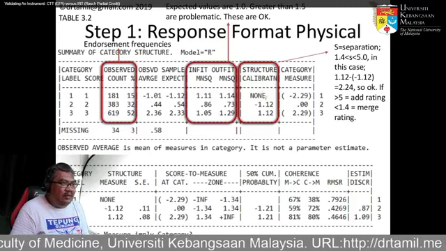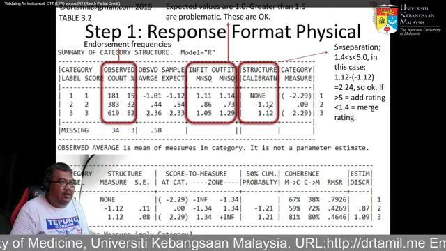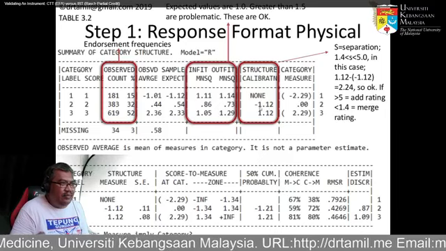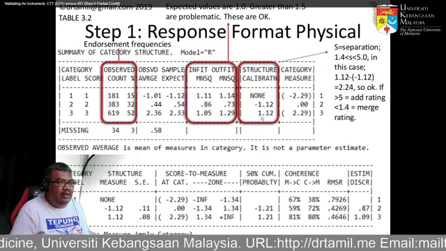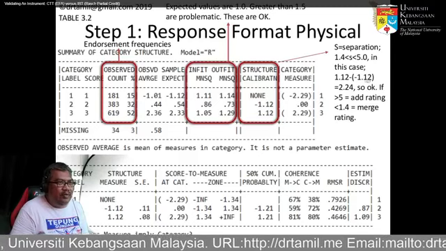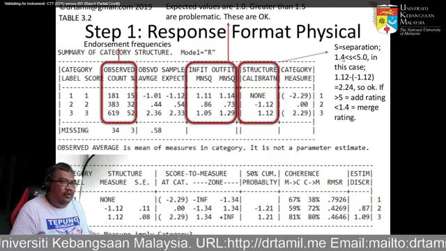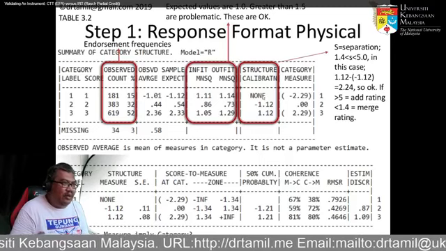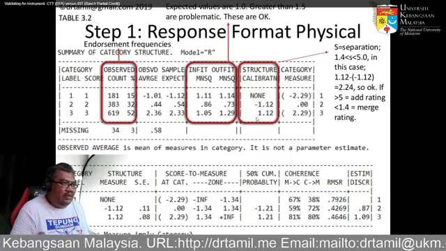Here you cannot measure because there is none, but here you can measure. Here it is minus 1.12 and here is 1.12. So 1.12 and 1.12 gives 2.24. It is larger than 1.4, therefore it is okay. So the rating is okay.